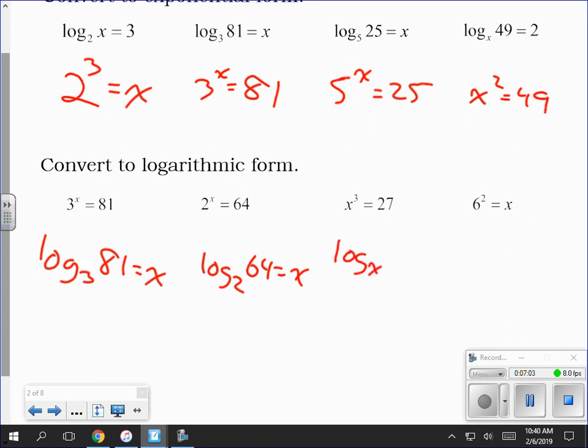Log base x of 27 is equal to 3. And then the last one here, log base 6 of x is equal to 2.